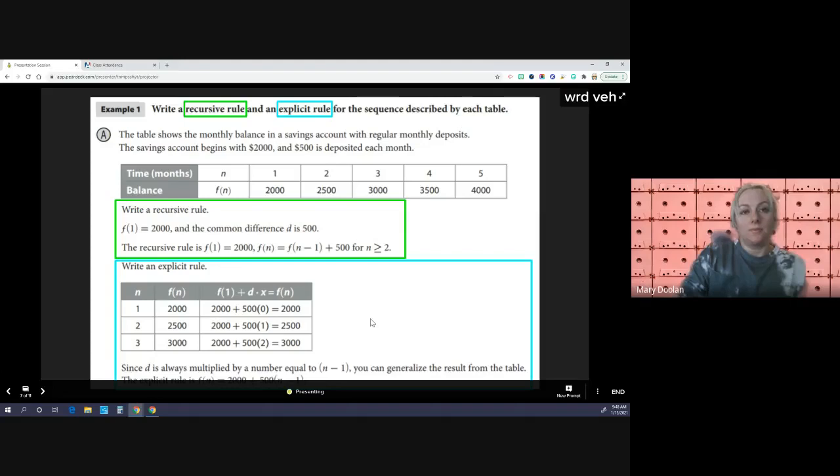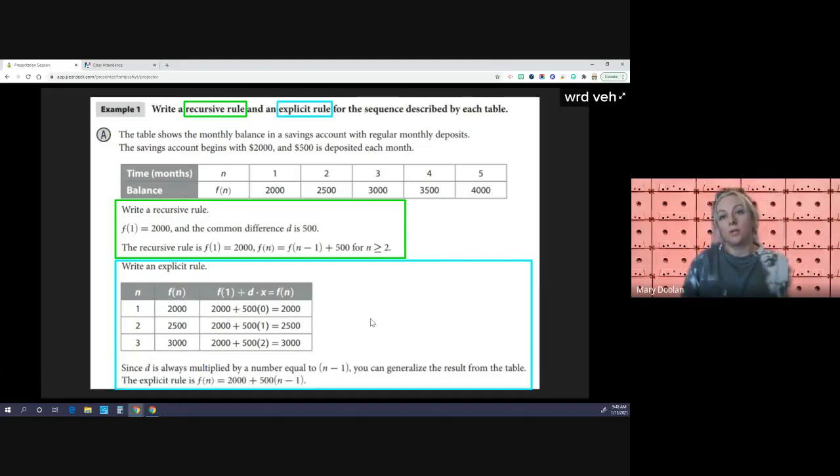Since d is always multiplied by a number equal to n minus 1, you can generalize the result from the table. So the explicit rule here is f of n is equal to $2,000 plus $500 times n minus 1.